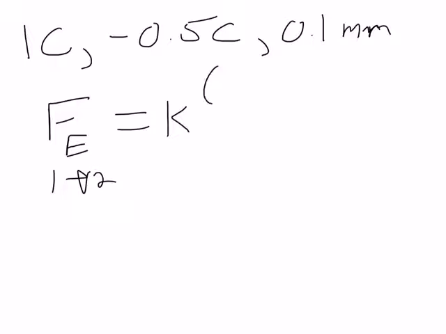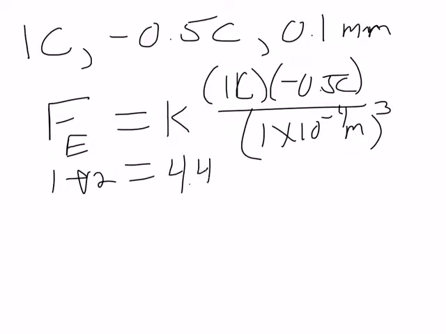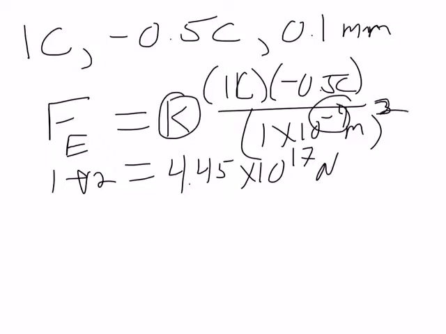K times 1 coulomb, times minus 0.5 coulombs, all over 1 times 10 to the minus 4th meters. That's 0.1 millimeters right there. It's 1/10 of 10 to the minus 3 meters, squared. Okay. If you do the math, I think you get 4.45 times 10 to the holy cow 17th newtons. It's a combination of this K value and this minus 4th getting squared.